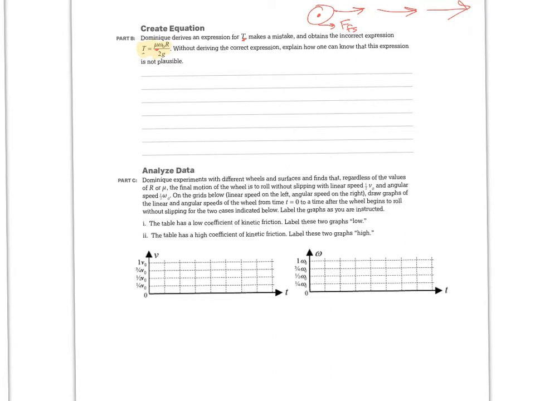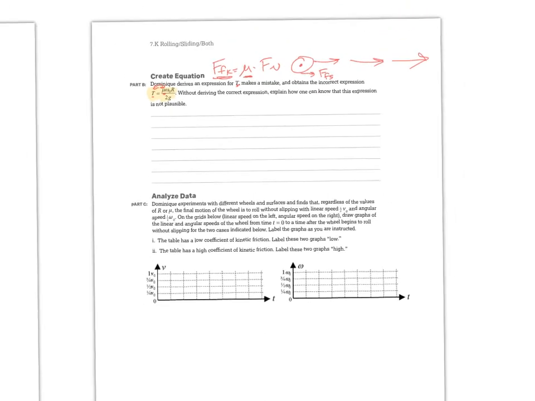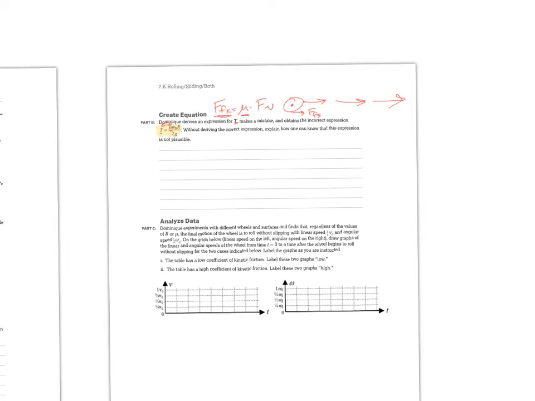Well, the coefficient of sliding friction, mu, comes from the fact that kinetic friction force equals mu times normal force. If mu goes up, the force of friction goes up on that wheel.